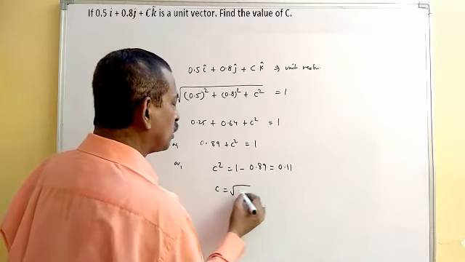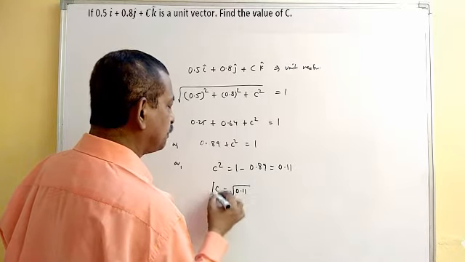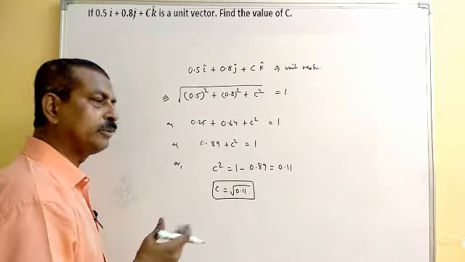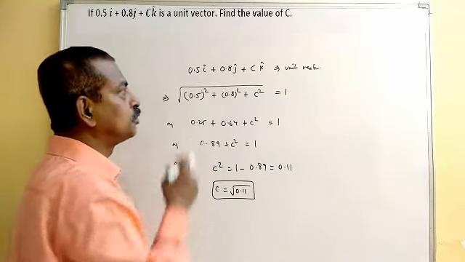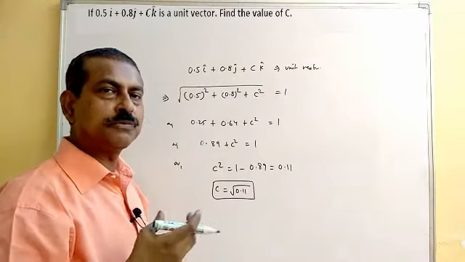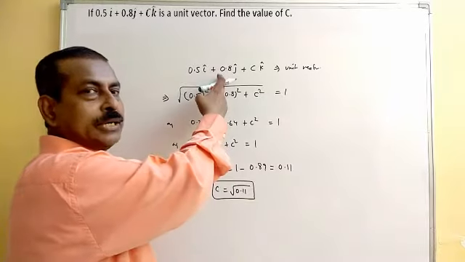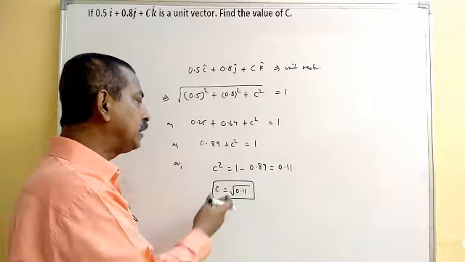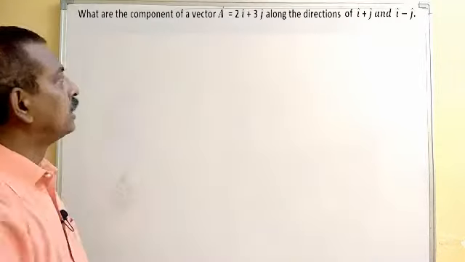So c will be the square root of 0.11. This is the value of c. The only thing you have to see is that as it is a unit vector, you find its magnitude, and this should be equal to 1. And from that we can get the value of c.